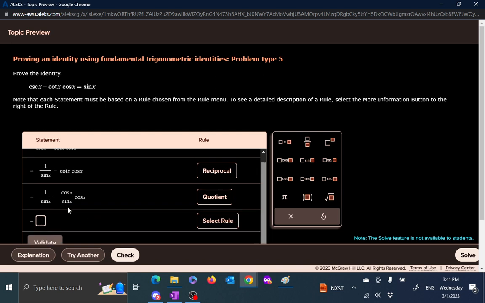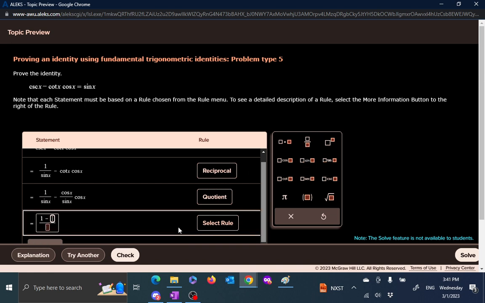Validate. Now I take a common denominator so that my numerator becomes, let's write a fraction, 1 minus cosine square of x, over sine of x.